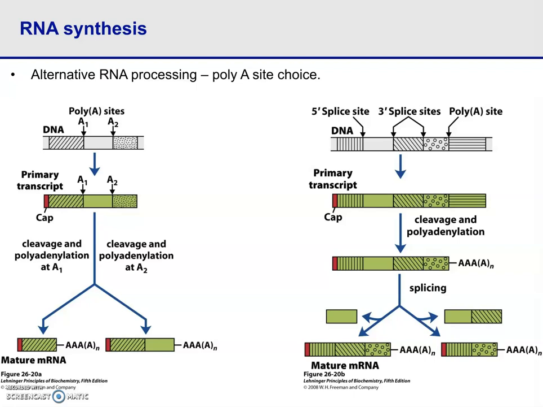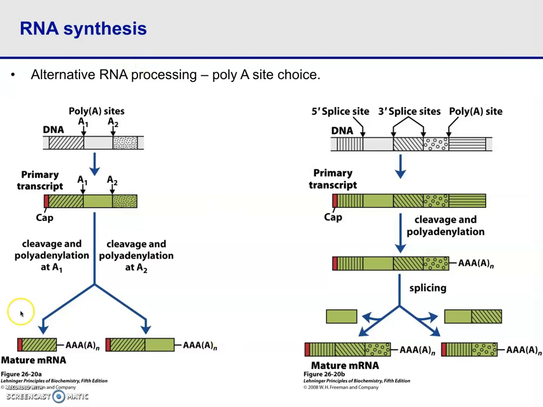But remember, I believe in 481, I asked you once, why do we have approximately 23,000 genes while we have in the realm of 100,000 proteins? And then I told you that it's because of alternative splicing. And here, hopefully, you'll be able to appreciate now the meaning of alternative splicing.